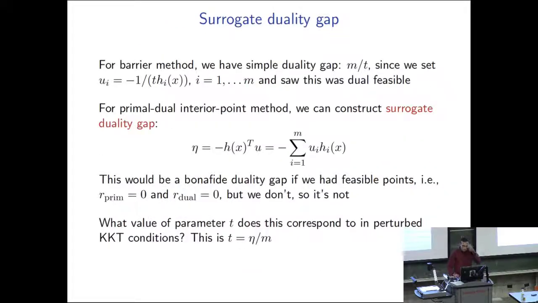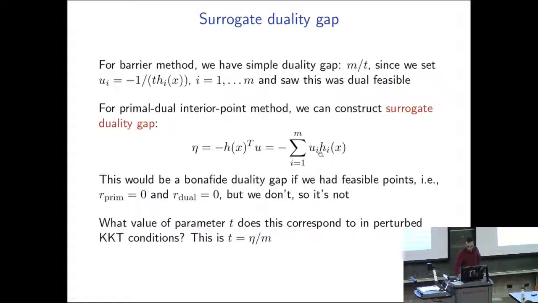So this is going to be our surrogate duality gap. If we look at the perturbed KKT conditions, and we call this value eta, the value of t that this corresponds to is going to be eta over m. It's the same rationale we just made.